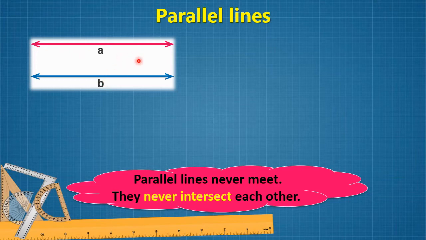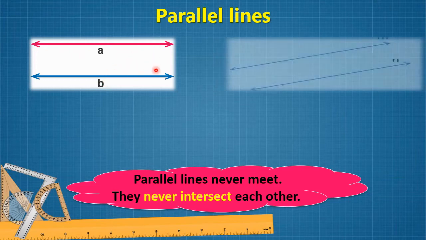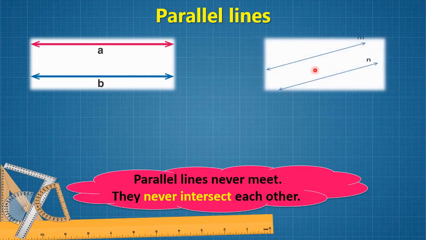You can see here one more picture. Line M and line N are also parallel to each other. You can see the distance between them is constant throughout and they never meet each other no matter how far they are extended on either side.